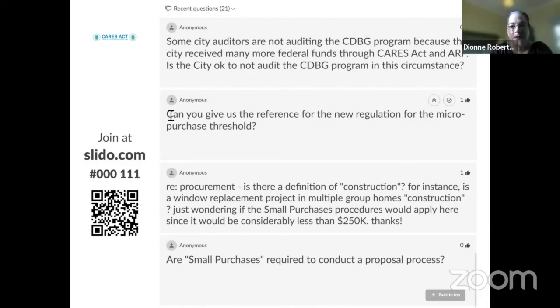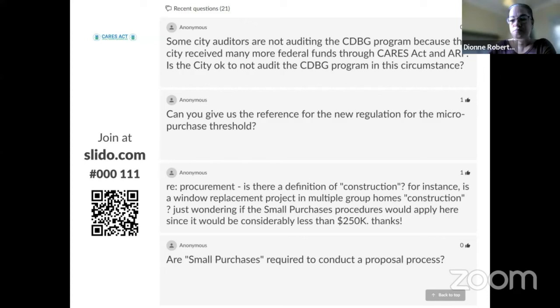Can you give us the reference? Oh, sure. So if you go to 2 CFR Part 200, and I answered this in the regular Q&A. If you go to the online version of 2 CFR Part 200 and you go to the micro purchase threshold area, which is actually 320 A1 III, it's updated in the online version of 2 CFR Part 200, so they would see it there.